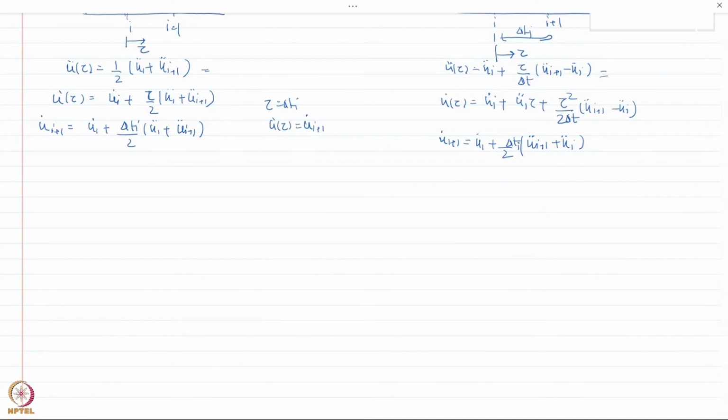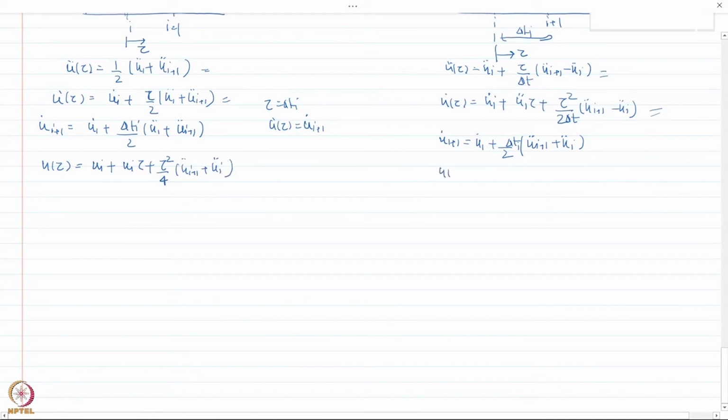I can again integrate these expressions for the velocity as a function of tau to get the displacement as a function of tau. For the constant case, I can write this as ui plus ui dot times tau plus tau square by 4 times the sum of ui plus 1 double dot and ui double dot.